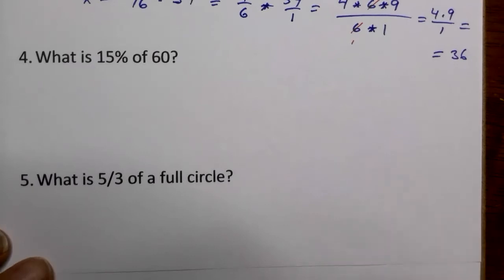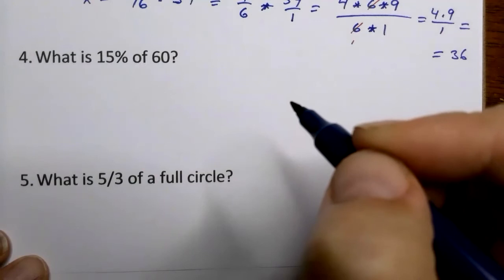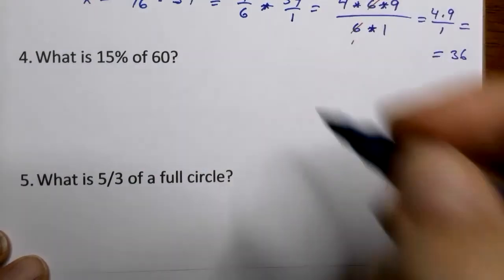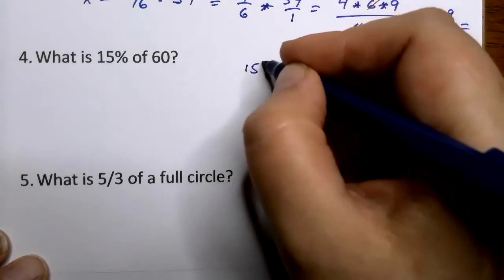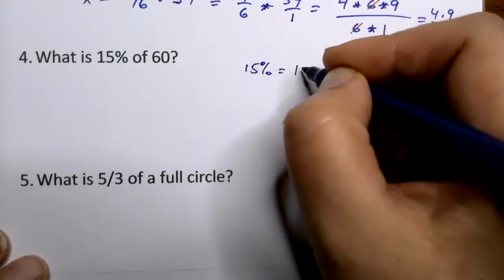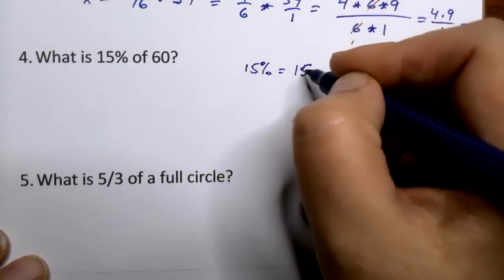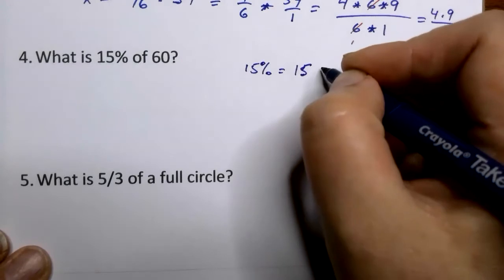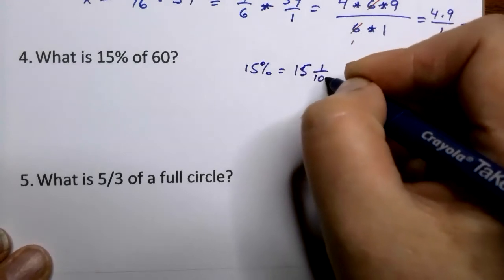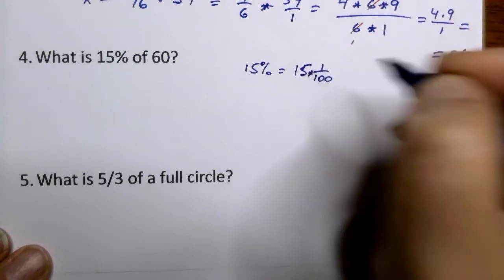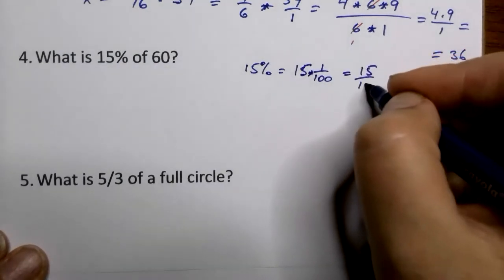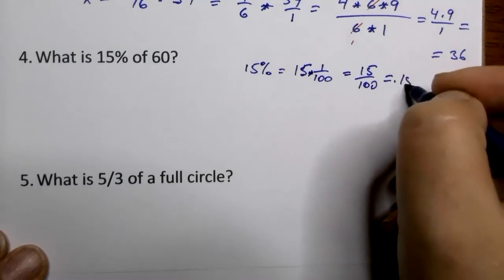Now percentages. Percentages work just the same way. The only thing is you have to convert your percentage into decimal form first. So 15% is basically 15, and I don't know if you knew that, but the percentage symbol is basically a fraction, 1 over 100. So you have 15 divided by 100 is 0.15.